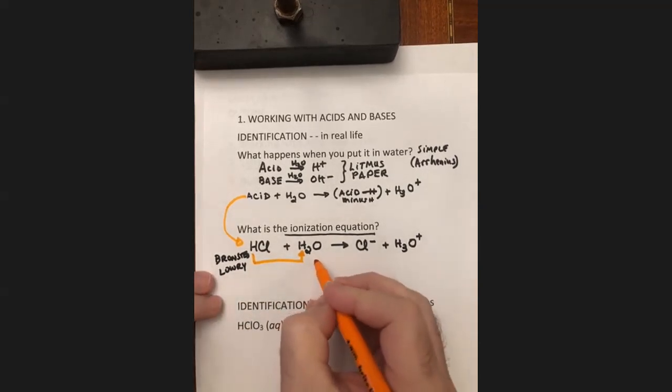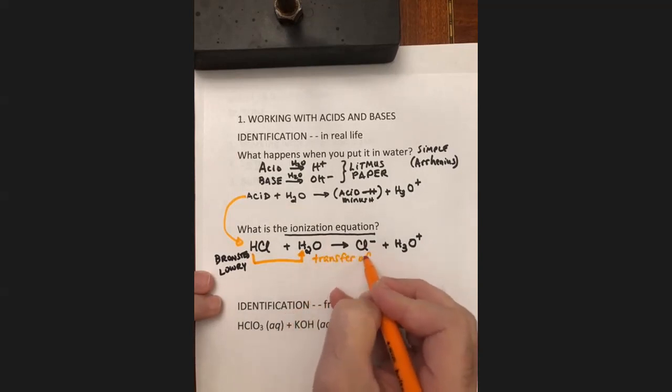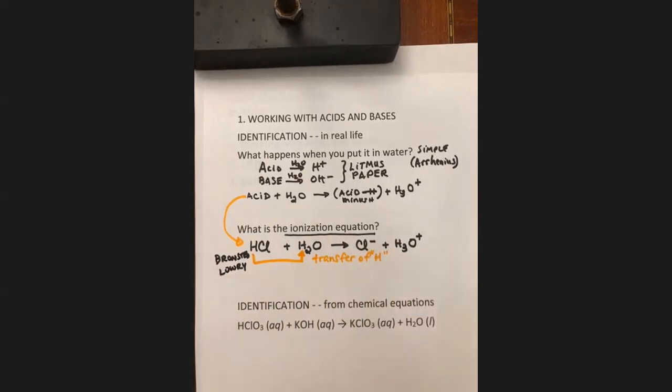So this is going to be a transfer of "H." And I put it in quotation marks because we know that it's technically not a proton, but it looks like that when you write out the equation. So that means that if I look at the ionization equation, this is what it's going to say. It means what happens when I put it in water.